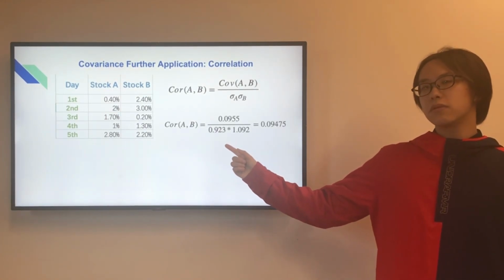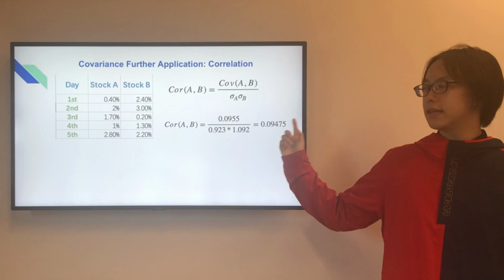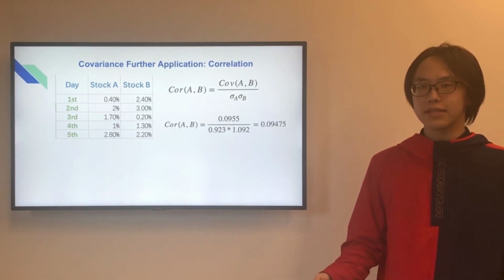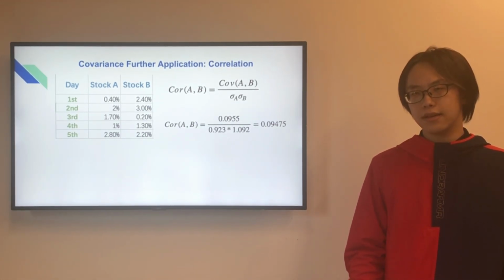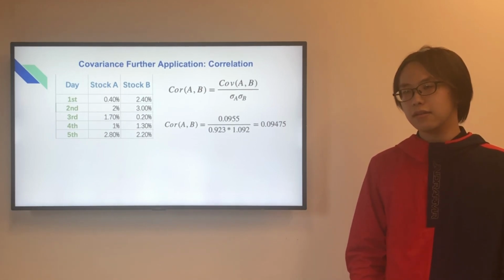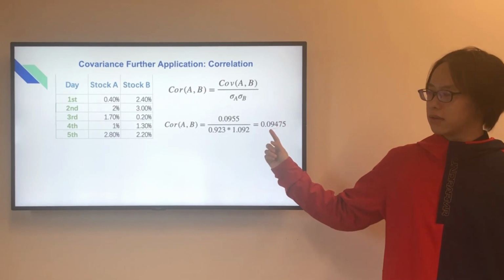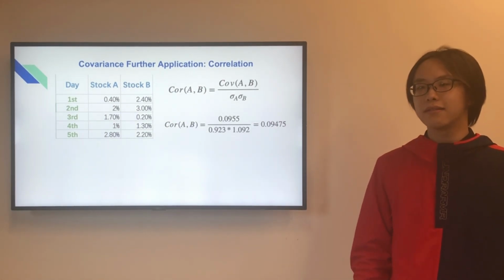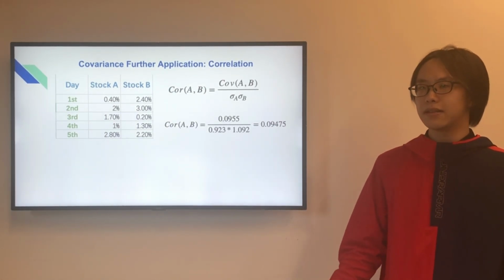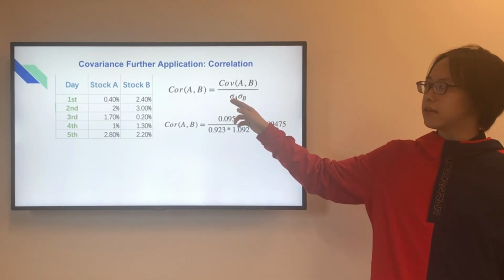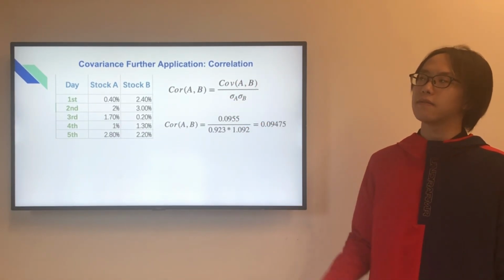And in this example, the correlation we get is this. It's a positive number, so just like covariance, it tells you the two data sets move together in the same direction. Now the value itself varies from -1 to 1, and the sign is only dependent on the covariance, because sigma, the standard deviation, cannot be negative.